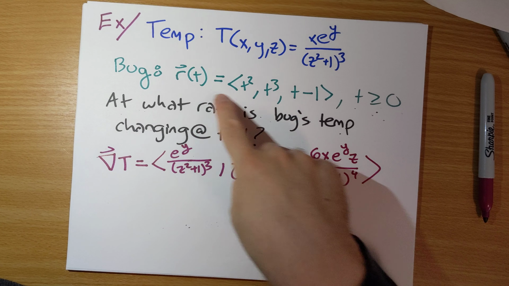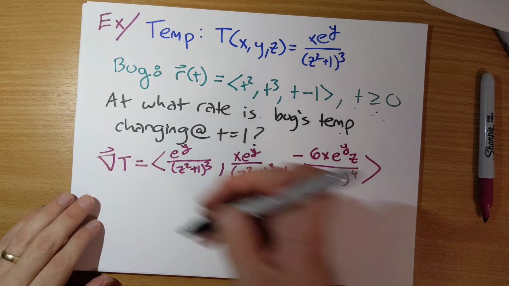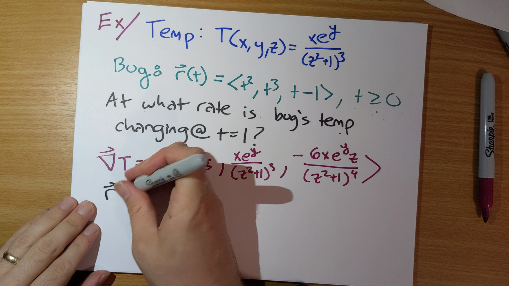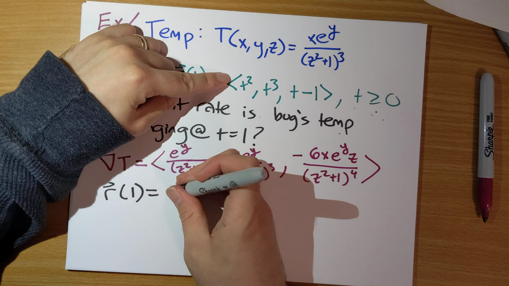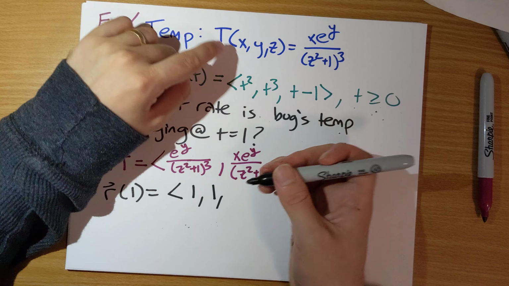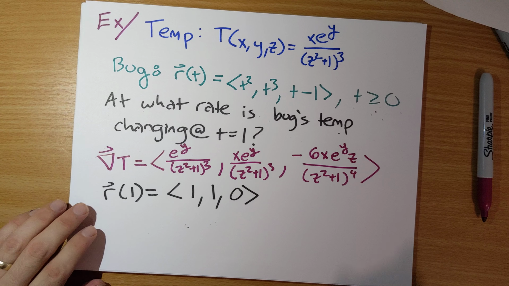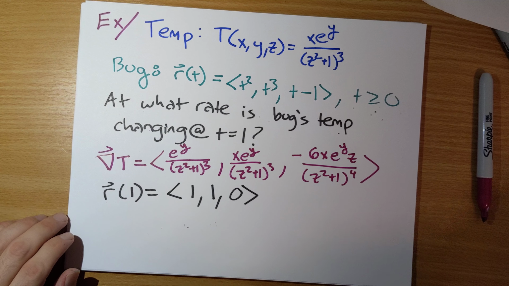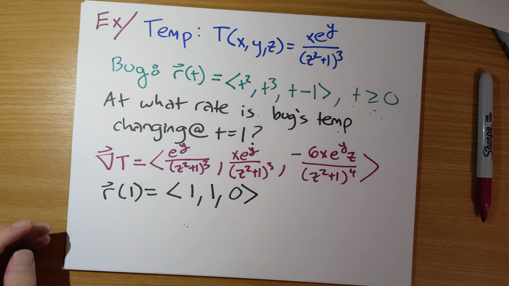We're being asked about at time t equal to 1. So r of 1, plug in 1 for t. We would get 1. 1 squared is 1, 1 cubed is 1, 1 minus 1 is 0. We also know from our formula we're going to need r prime of t.